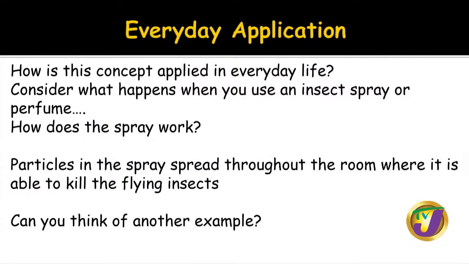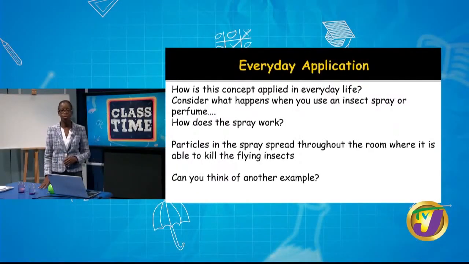The spray or the perfume would eventually spread throughout the entire house. And it is able to do that because the particles in the spray are moving from an area of high concentration in one room to an area of low concentration until it is spread throughout. That is, again, an example of diffusion.